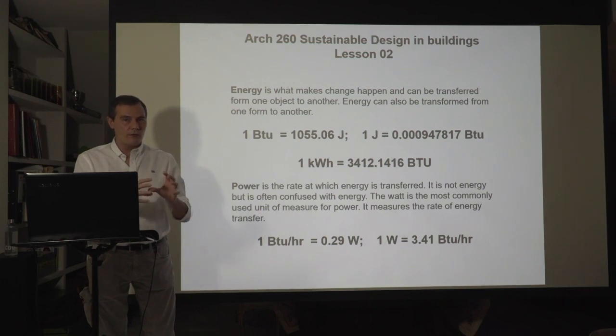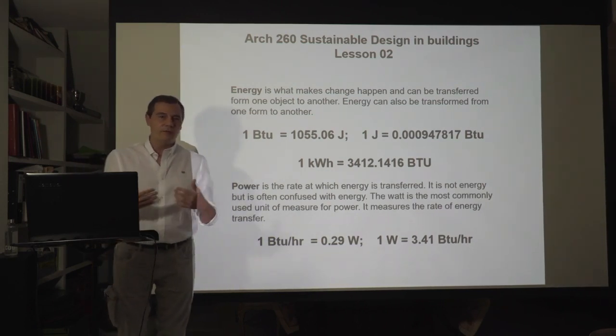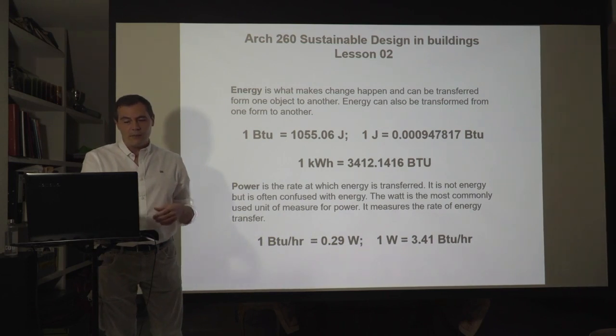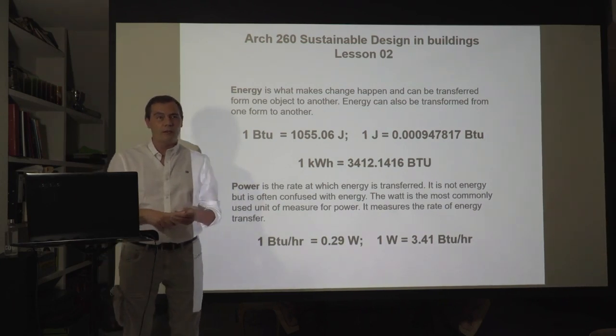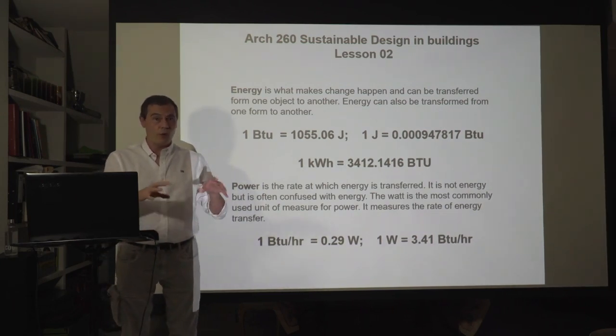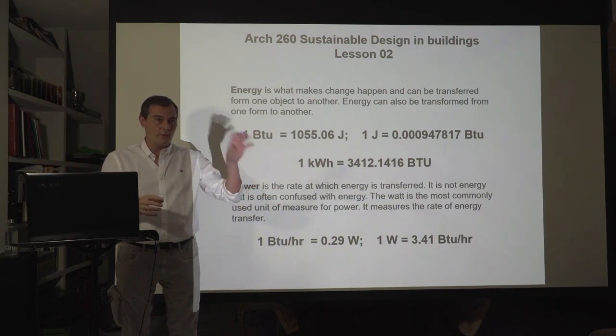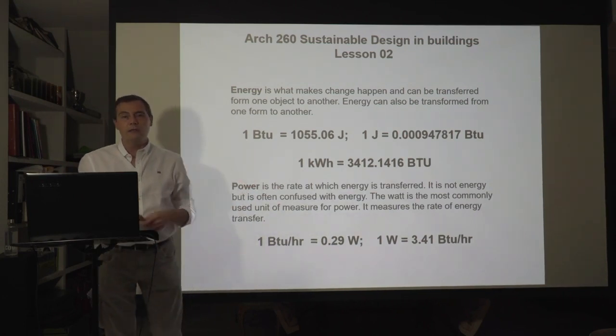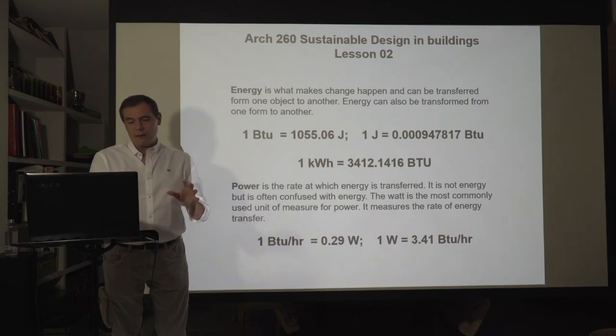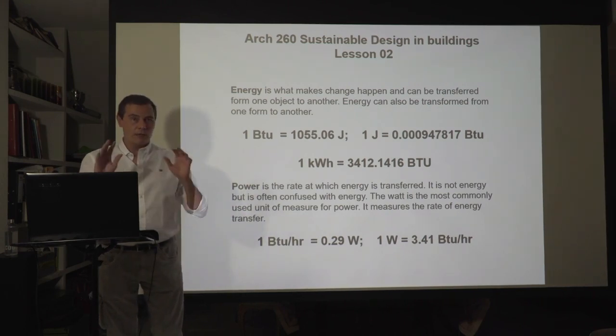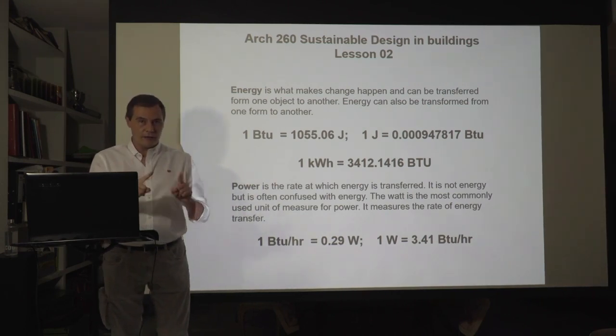So the energy consumption can be either in British thermal units or in kilowatt hours. Usually in the United States, we receive an energy bill in BTUs if we are using gas, and we receive a bill in kilowatt hours if we are using electricity. If we are using both, we will receive 2 different bills, one in BTUs and another one in kilowatt hours. But BTUs and kilowatt hours are units for energy.